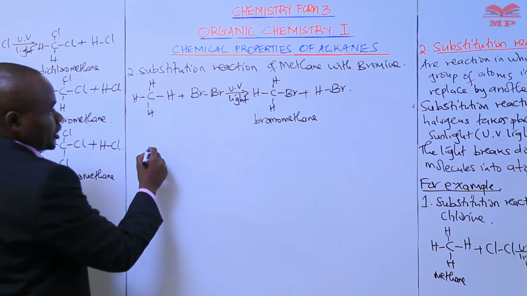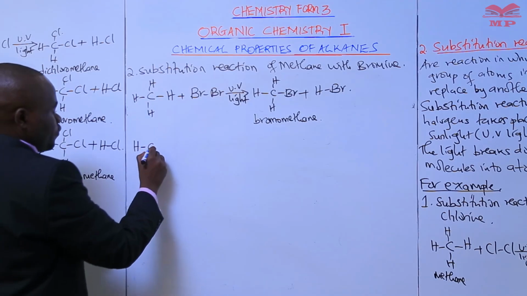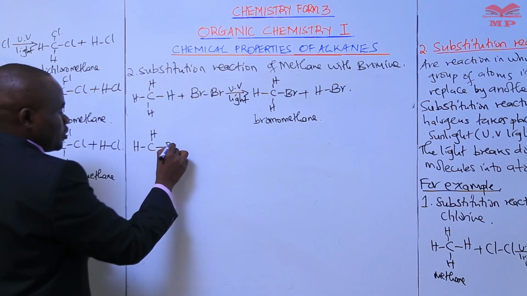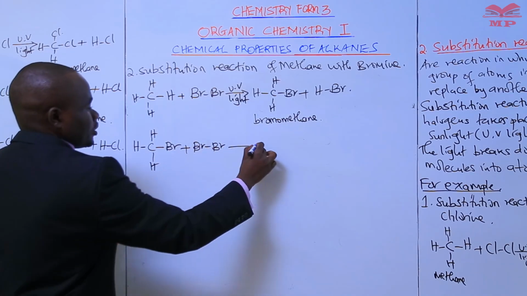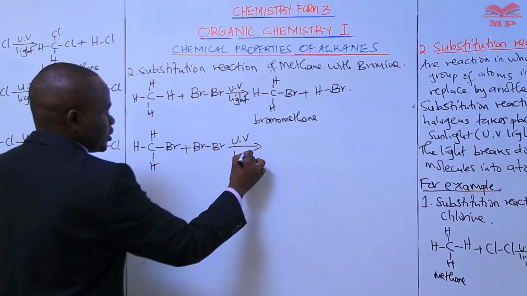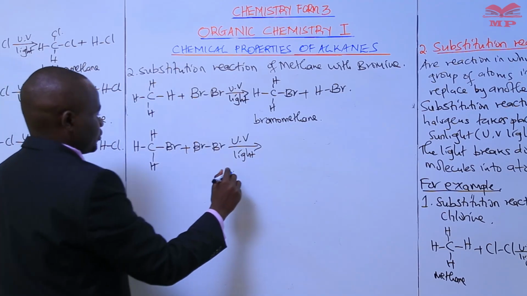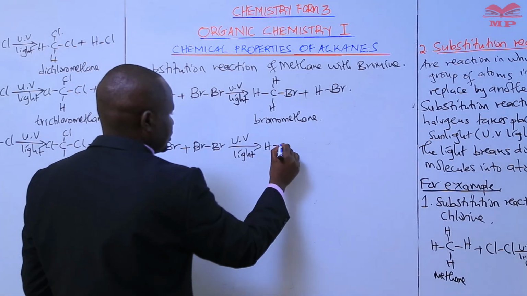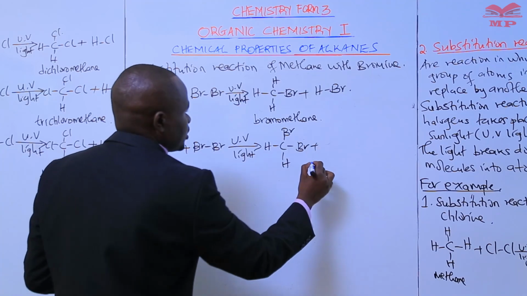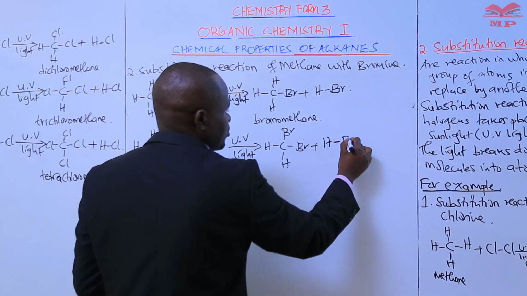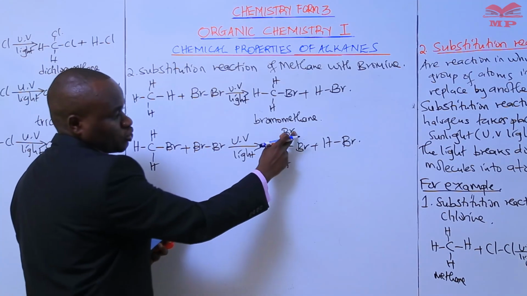Then the second step is this bromomethane undergoes further substitution, obviously in the presence of UV light, to give you this. So this hydrogen will be replaced by a bromine. So we shall get another bromine up there, plus hydrogen bromide. Now this compound, dear student, has 2 bromine atoms.